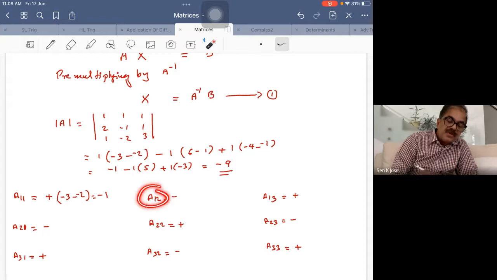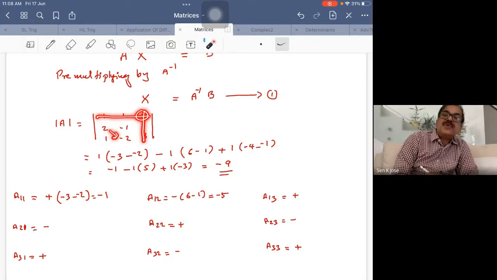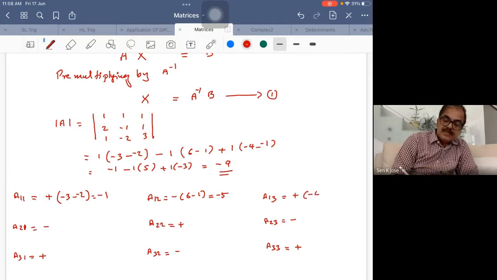Now for A12, this is the element, delete the row and the column it contains, cross multiply. 2 into 3, 6, 6 minus 1. So it's minus 5. Then A13, that's the element, delete the row and the column, cross multiply. Minus 4 minus minus 1. It's negative 3.